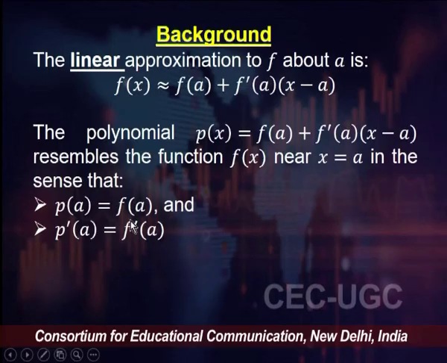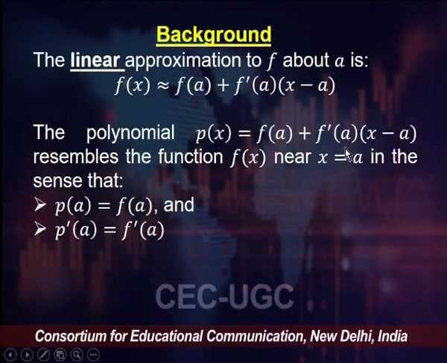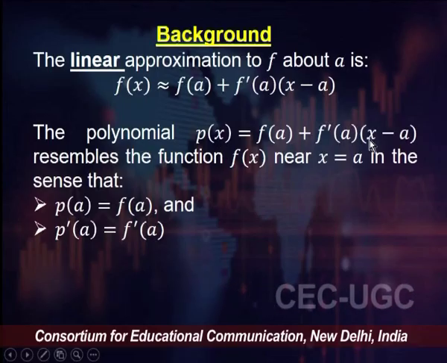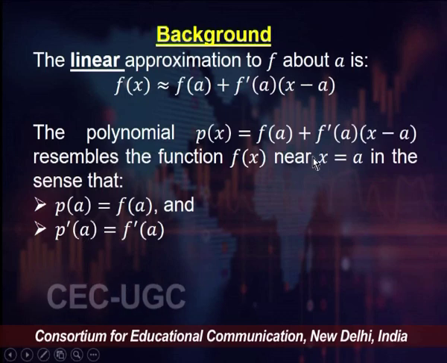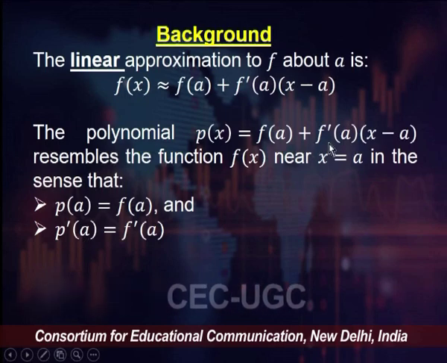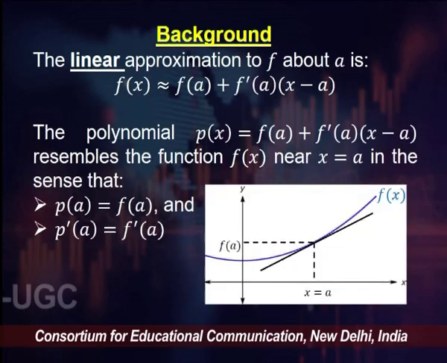One is that the value of the polynomial at a is equal to the value of the function at a. You can see here that the value of the polynomial at a would be f of a, because when you put x equal to a, the second term will vanish. And we know that p prime of x is equal to f prime at a. So, p prime at a will also be equal to f prime at a.